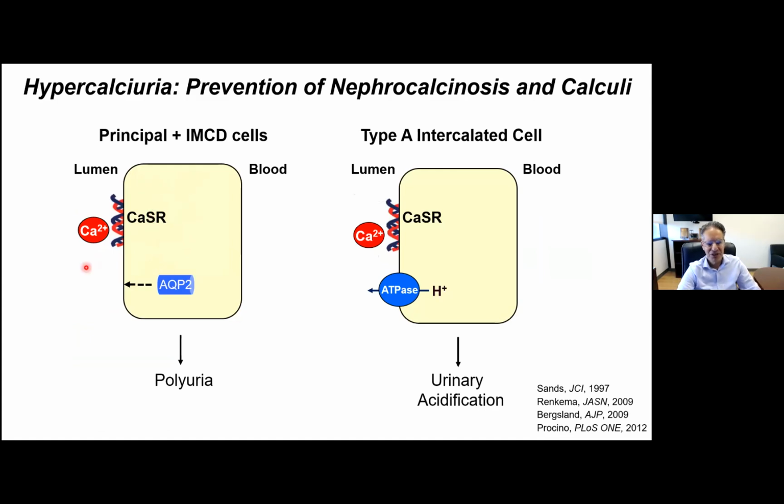Now, the other thing that's felt to happen, and this is a hypothesis, is in the collecting duct cells, particularly the principal cell and the intermedullary collecting duct cells, there's a calcium sensing receptor like the one we know of on the parathyroid that we block with Sensipar. The calcium sensing receptor is also in these cells, and it's felt that when they have hypercalciuria, the calcium binds to this receptor, but there's an effect on water transport, and aquaporin 2 cannot insert in the membrane normally.